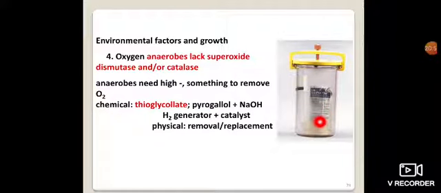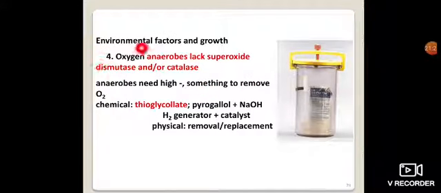And here we can observe whether those microorganisms are present, absent, or survive in that situation. Anaerobes lack superoxide dismutase and catalase, which are required if we need oxygen. Those enzymes are absent in that jacketed environment.